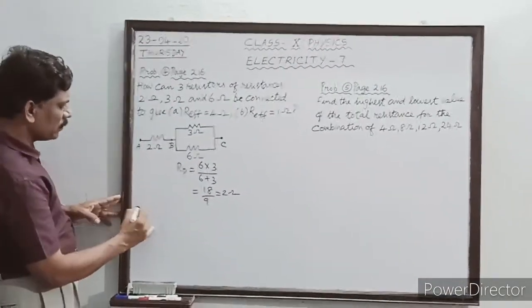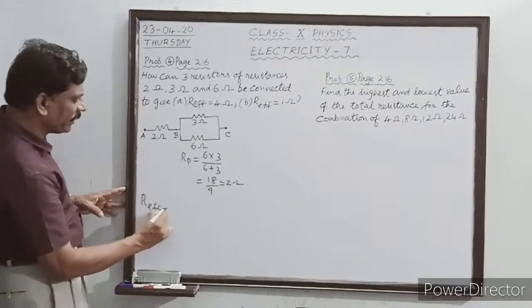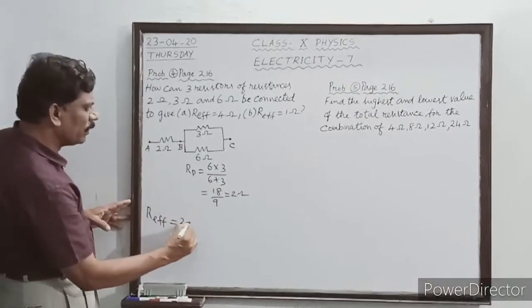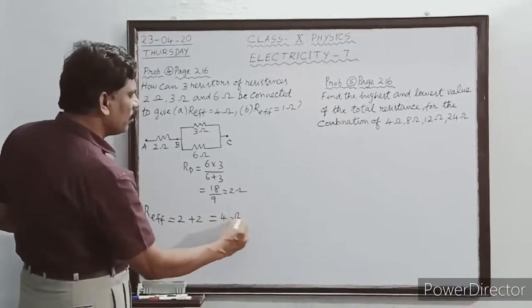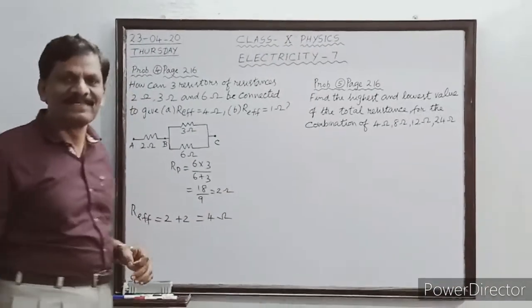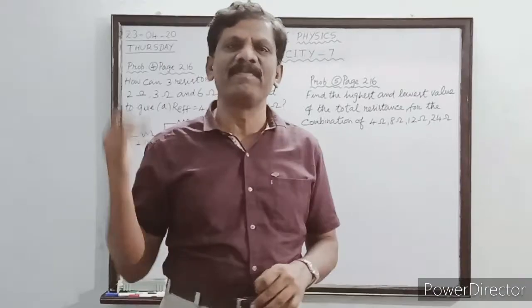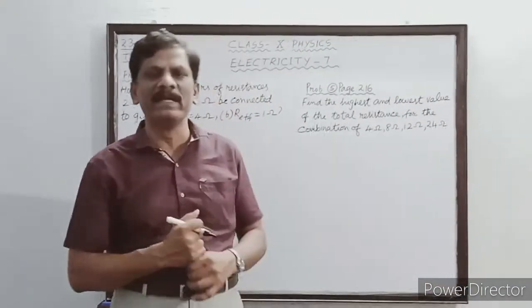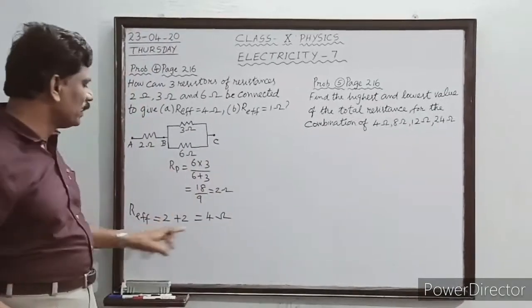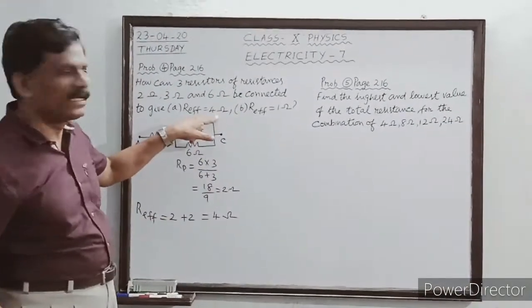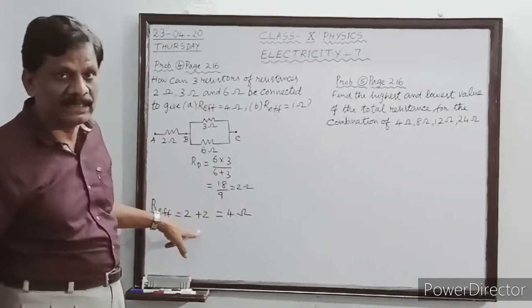And R effective is equal to this 2 ohm plus this 2 ohm, and that is equal to 4 ohm. Did you understand? Easy only. When you work these types of problems on paper, you will understand. So this combination will give you 4 ohm. So the first effective resistance of 4 ohm we have attained.